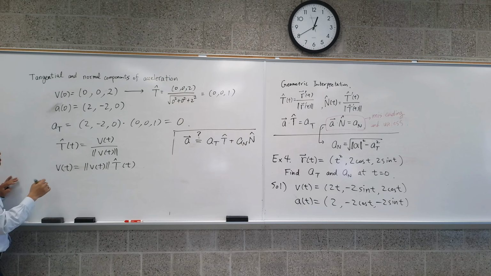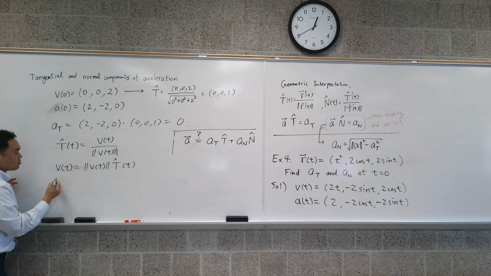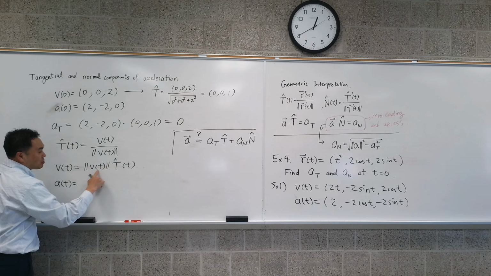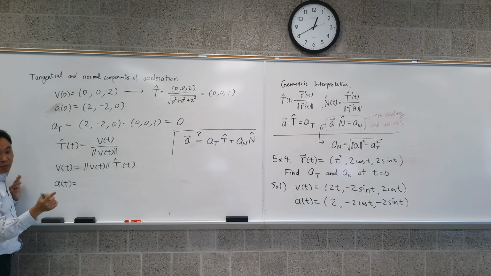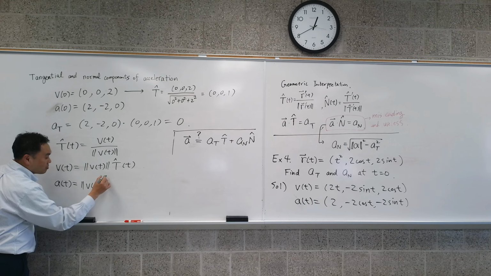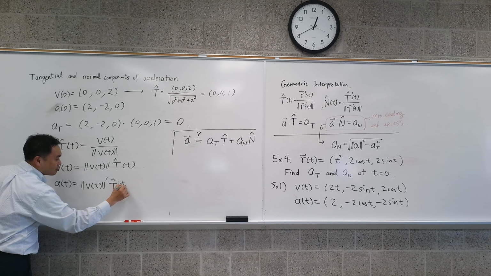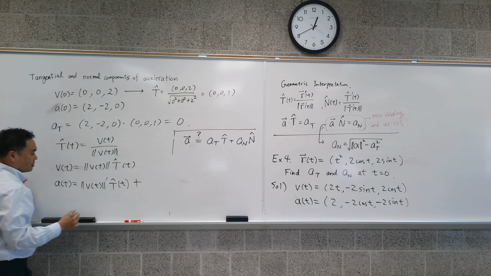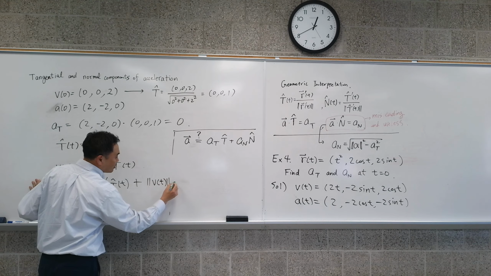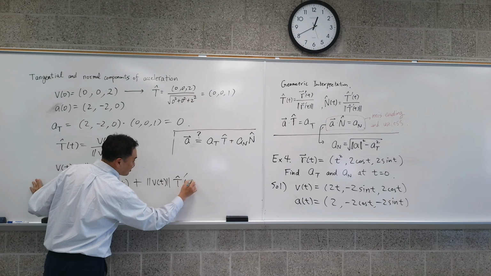Now I want to make a statement about the acceleration. I have velocity, so what should I do? I differentiate both sides. If I differentiate v of t, I get acceleration. But on this side it's a multiplication, so I have to use the product rule: I differentiate the norm of v of t, plus the norm of v of t times t hat prime of t.